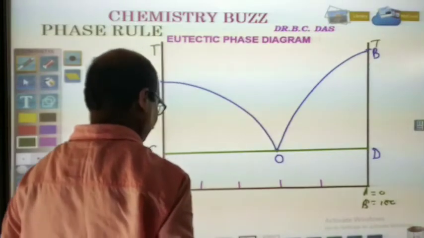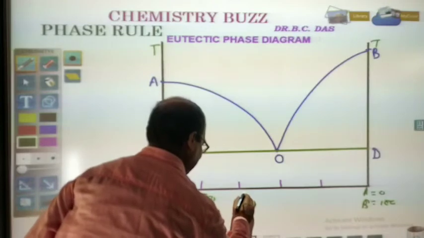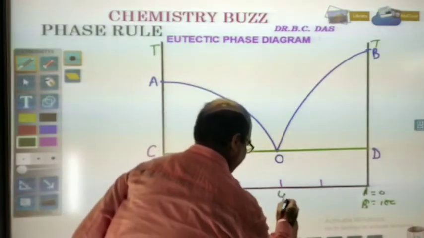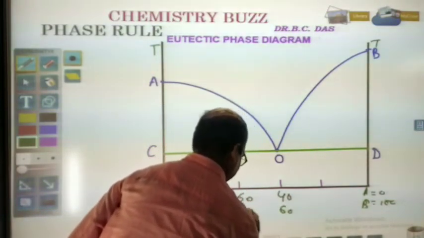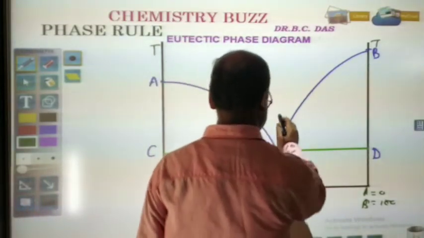Then this is 80%, 60%, 40%, so this is 60, 40, 20. So this is the eutectic point.